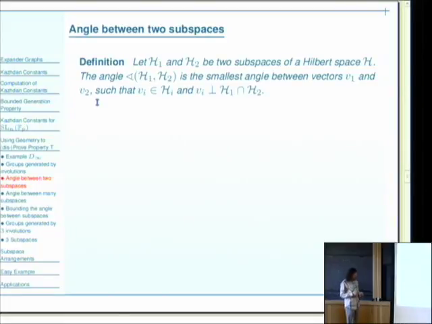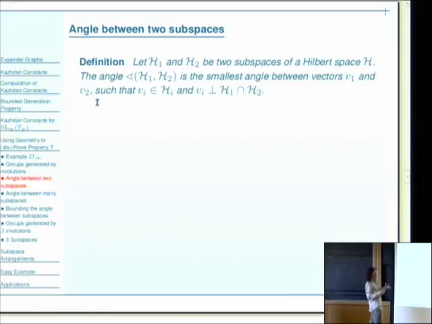Okay, so now let's start talking about angles and some geometry. There are several ways to measure the angle between two subspaces in a Hilbert space. Essentially, the only non-trivial thing is what to do with the intersection. In this example, I'm ignoring the intersection.